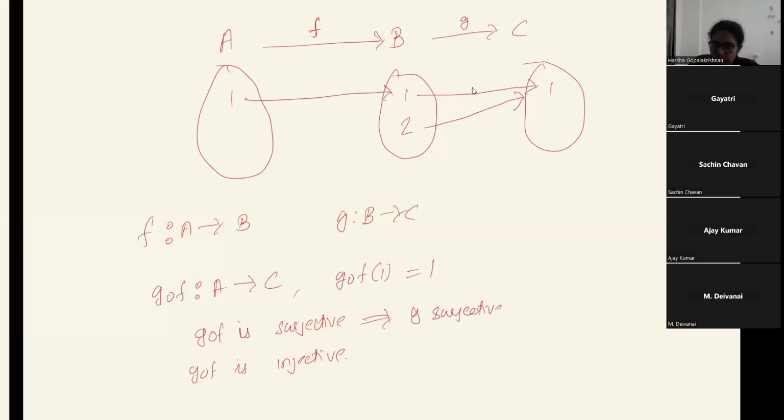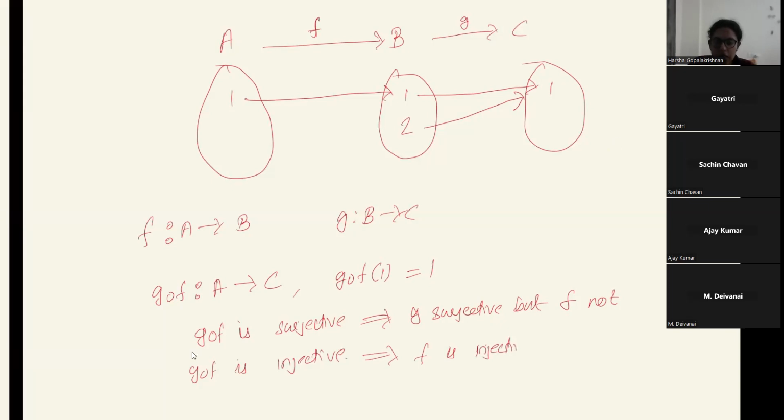Is this G injective? No, G is not injective. What about F? F is injective. Yes, we proved already F will be injective. So from the figure also we can say F is injective, but G is not.